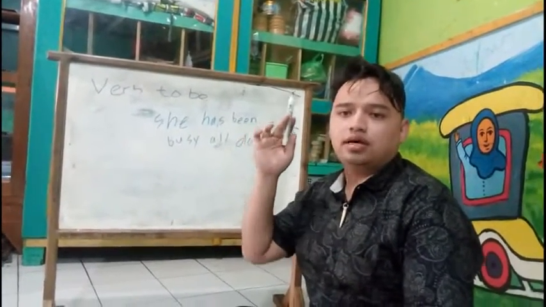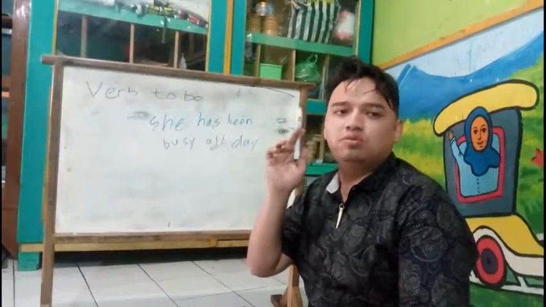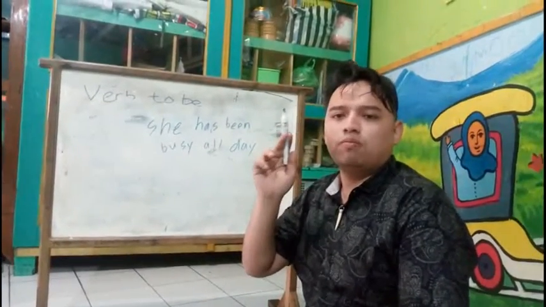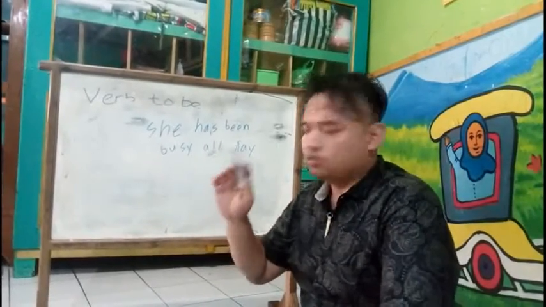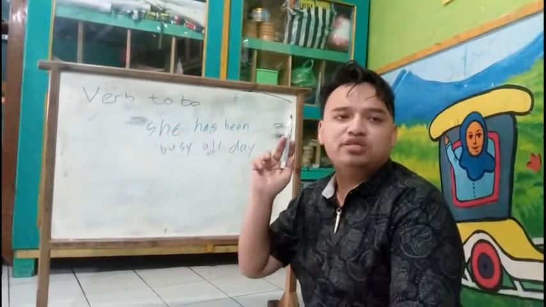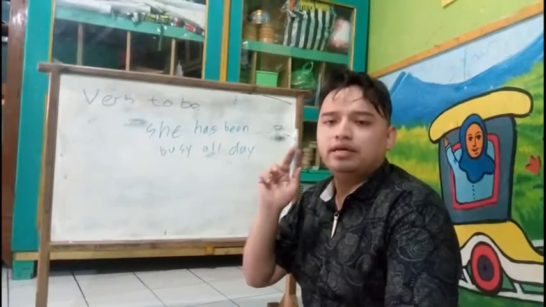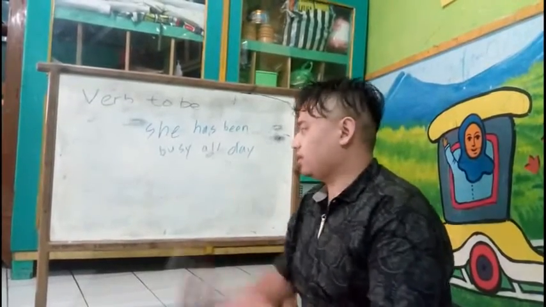Continuous, being. The continuous form of the to be verb is used to make up the continuous tenses. Just like the past participle, it is the same for all the subjects.